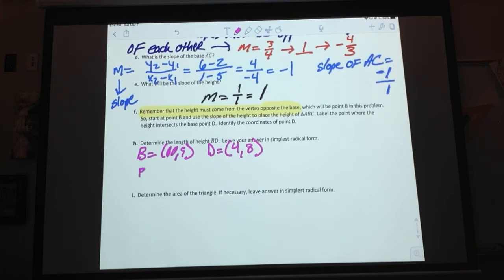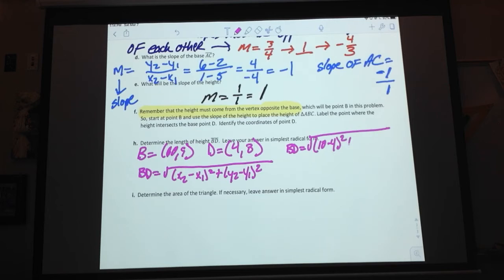So BD equals the square root of (x2 minus x1) squared plus (y2 minus y1) squared. So BD is equal to the square root of, let's plug in, (10 minus 4) squared plus (9 minus 3) squared.